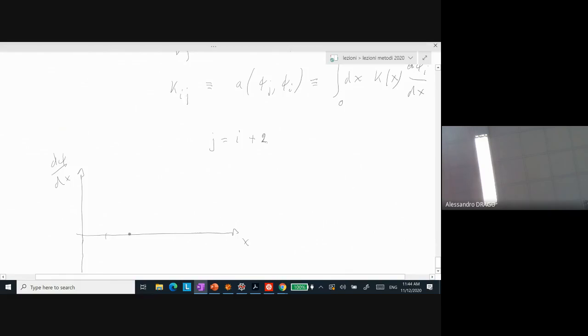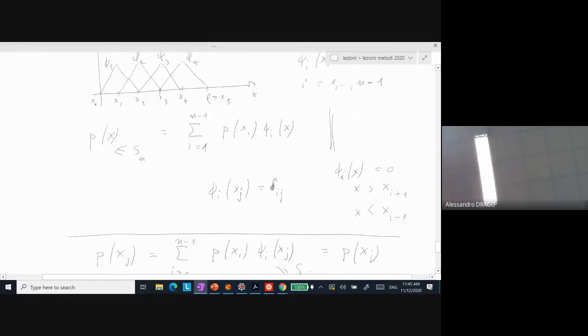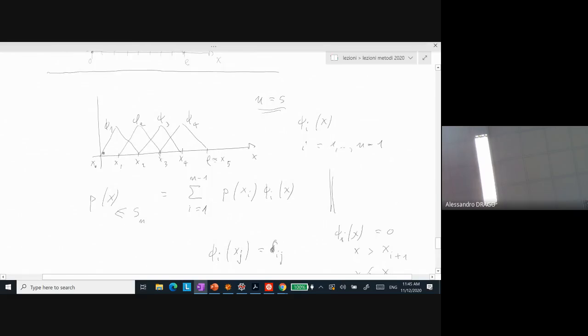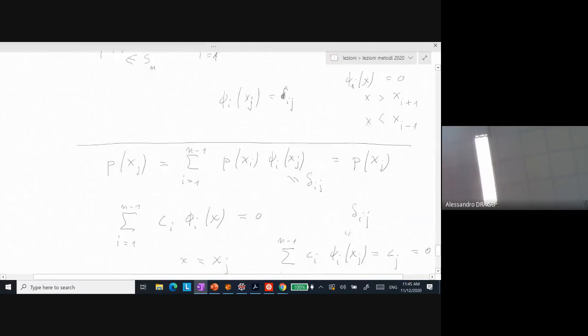This is again L. As you can imagine, the derivative of the first function, phi 1, is constant from here to here, and then again constant, equal and opposite to the previous value, from here to here, and similar for all of these objects.